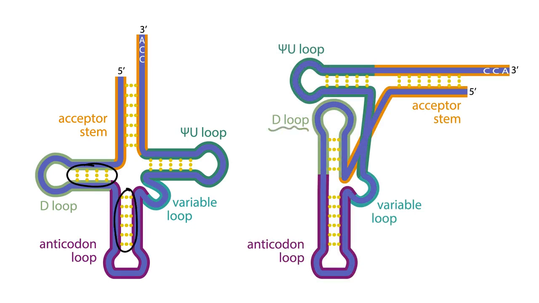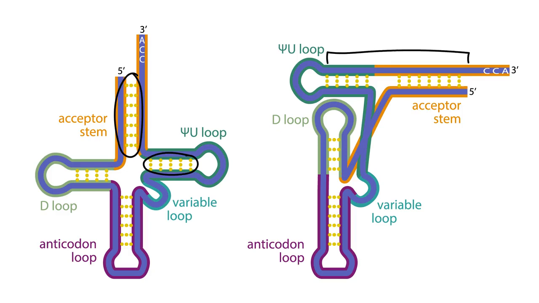So this is the D loop. Now you have a continuous region of base pairing along here. And then you've done a similar thing with the Psi-U loop and the acceptor stem. There's no loop here, obviously, because it's not attached. And you get another region of continuous base pairing. In many ways, this looks a little like double-stranded DNA in each of these cases, so you get a helical turn in the same way.